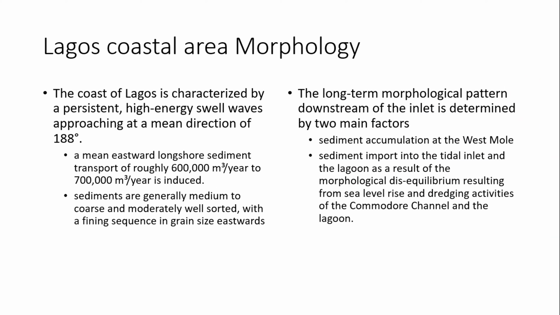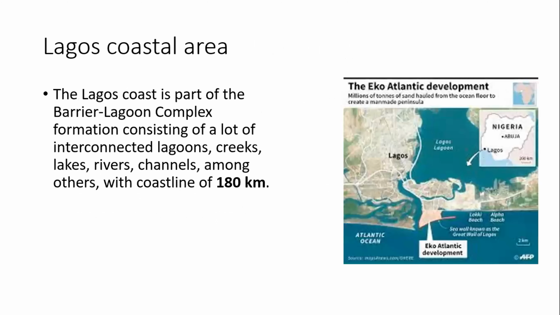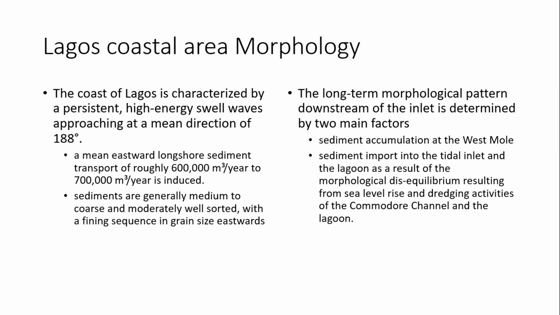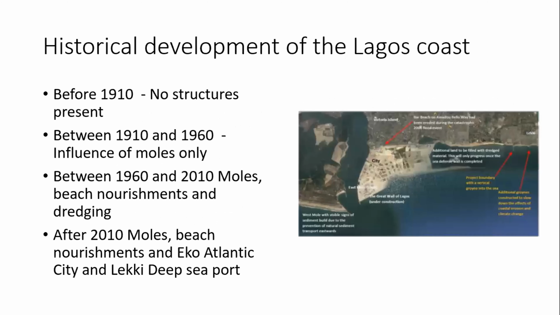The long-term morphology pattern has shown two major issues that affect the downstream sediment distribution from the inlet at Commodore Channel. One is the accumulation of sediment at the West Mole. We'll show you the graph later. The other is the disequilibrium that happens because of the dredging activities of the Commodore Channel and the lagoon, which have redistributed the sediment.